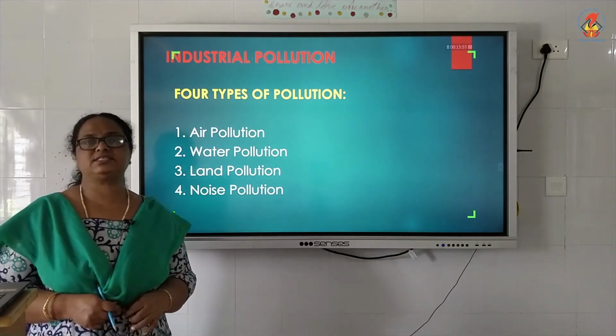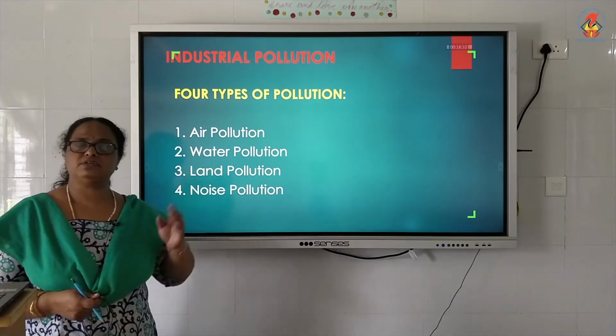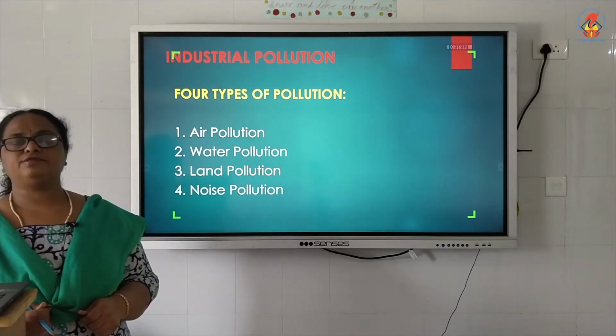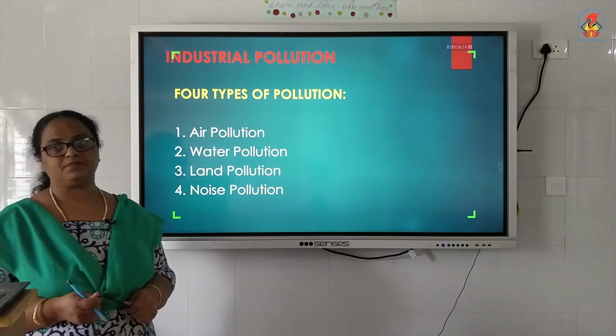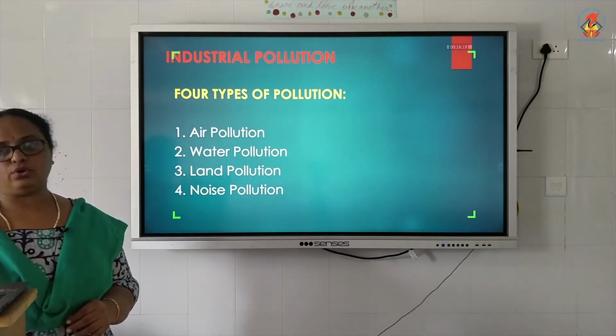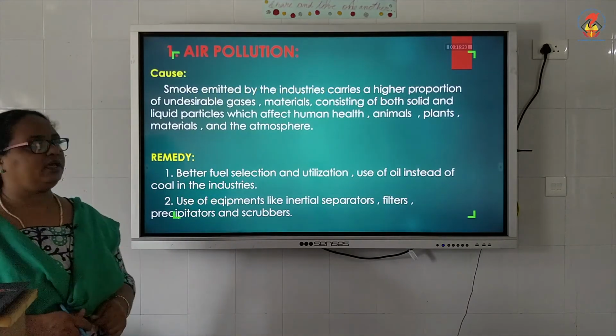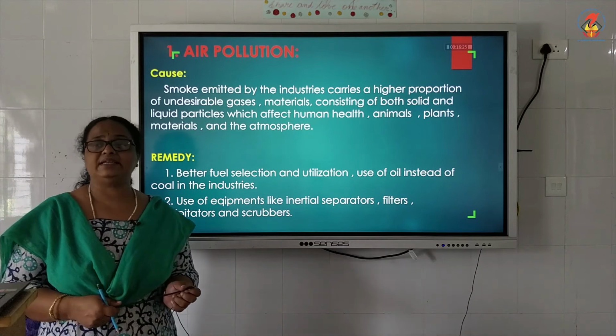First, let us discuss the 4 types of pollution, that is air pollution, water pollution, land pollution and noise pollution. This we are learning from our small classes onwards. Now let us go deeper into air pollution and its causes.